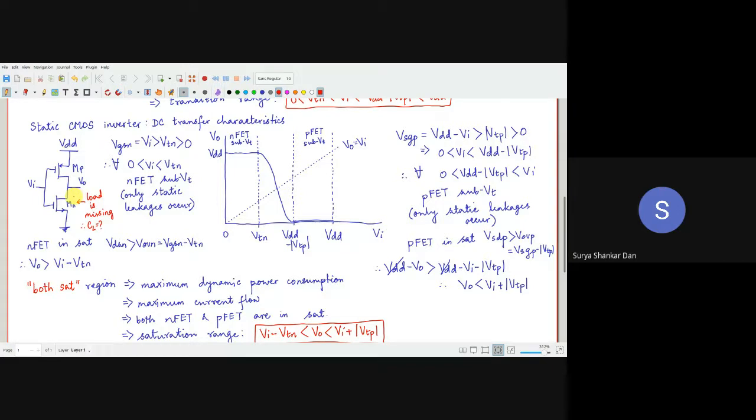Simple. In the static CMOS inverter circuit over here, notice that the load is also missing. How would the load actually be? I should have kept the load something like this, right? And as Ashok was telling, he is perfectly right. I'm supposed to have the body grounded, and you are supposed to have the parasitics like this also, right?